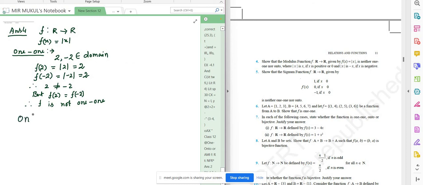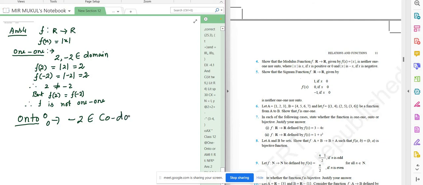Now check onto. Now see here, the image you get will always be a positive real number, either 0 or a positive real number. Yes, sir. But in the codomain, negative numbers are also present, like minus 2 belongs to the codomain.